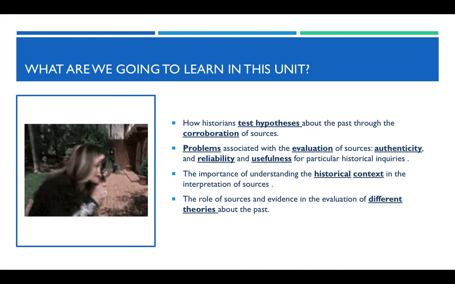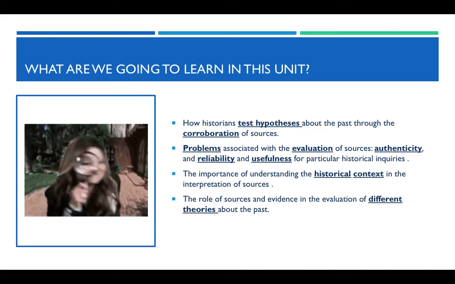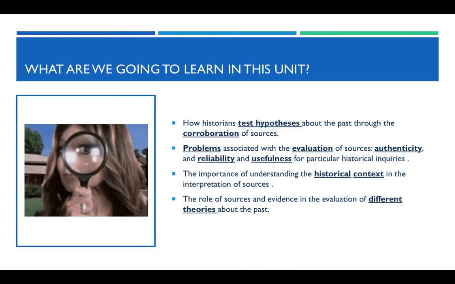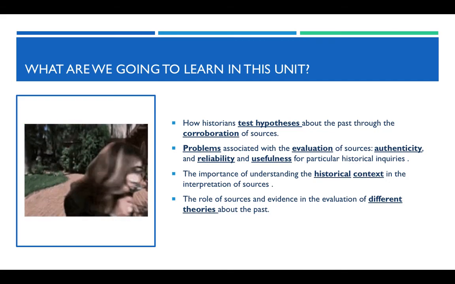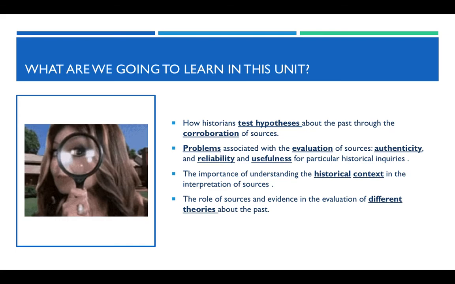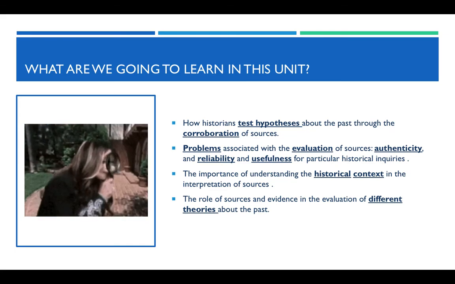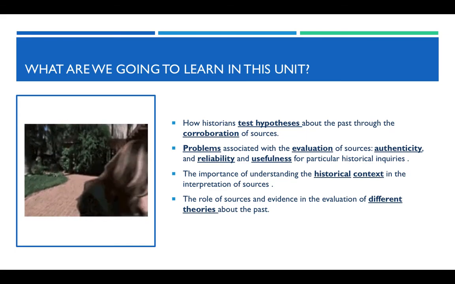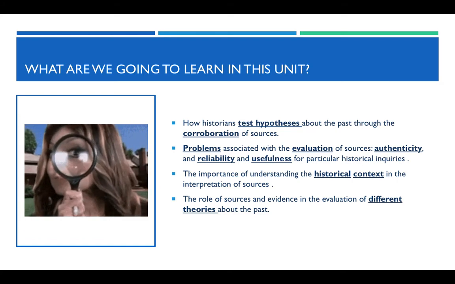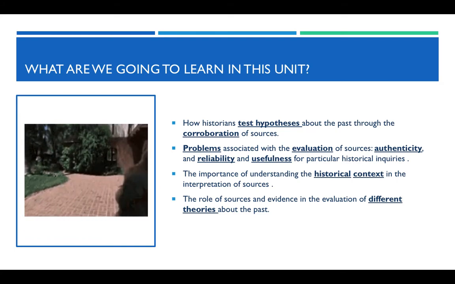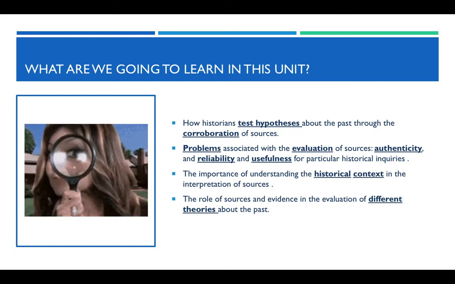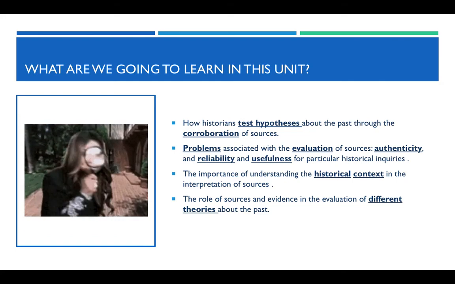We'll look at problems associated with the evaluation of sources, particularly authenticity, reliability and usefulness for particular inquiries. We will also consider the importance of understanding the historical context in the interpretation of sources. And finally, the role of sources and evidence in the evaluation of different theories about the past.